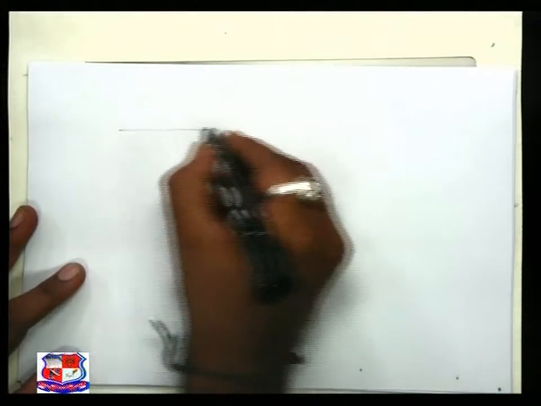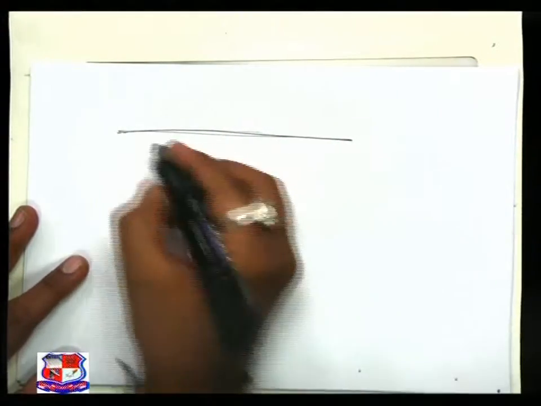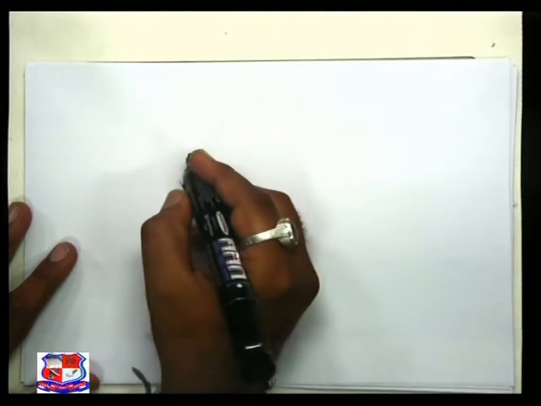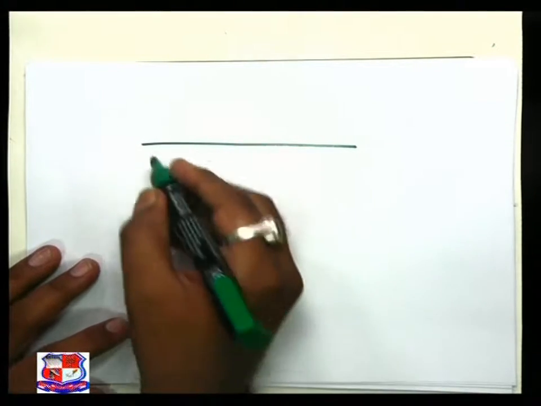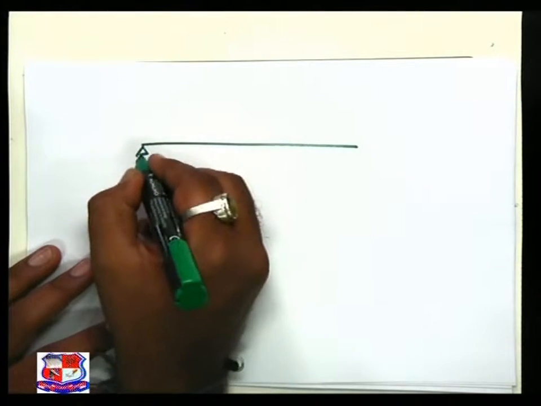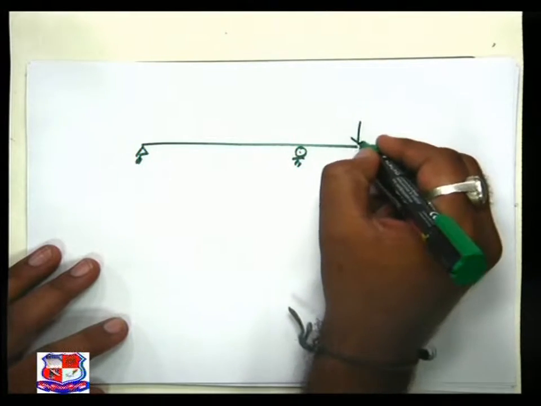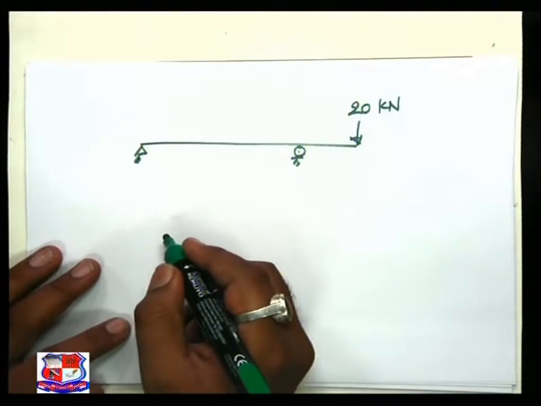The given beam is an overhanging beam. This load is of 20 kilonewton.